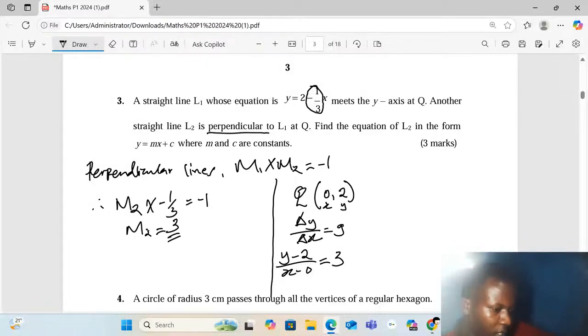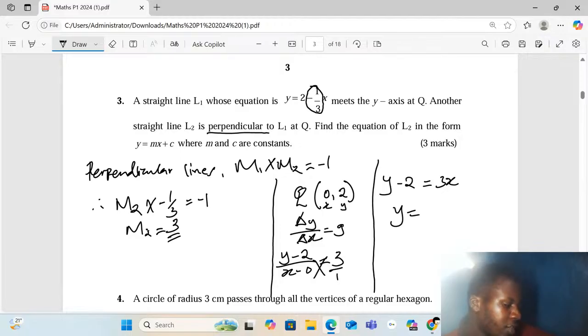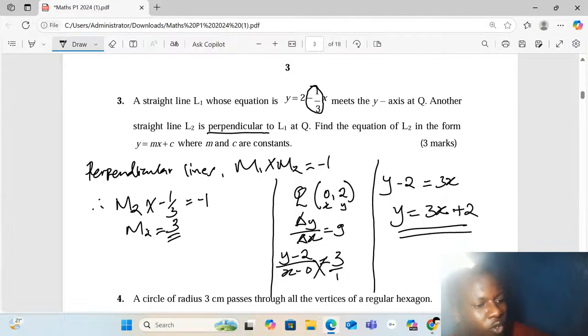Now when you cross multiply, you're going to have y equals to 3x plus what? Plus 2. Our equation now is in the form y equals to mx plus c.